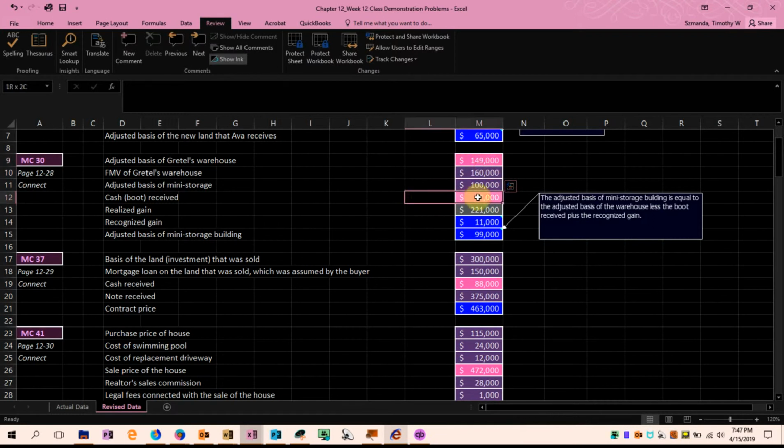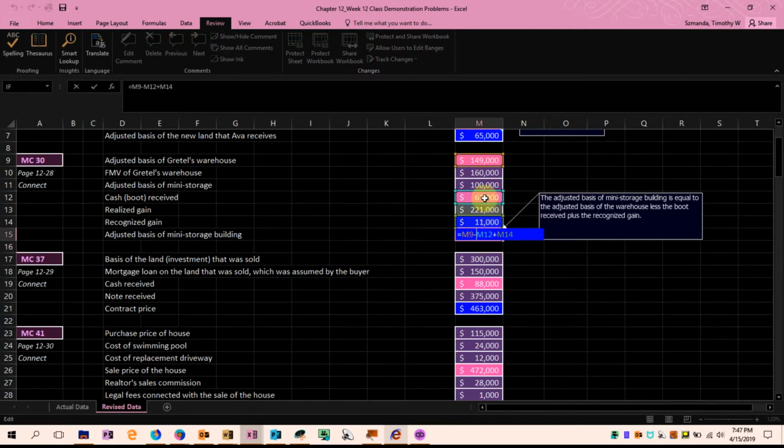Again, we'll compare that to the boot she received of $61,000. We'll take the lesser of the two. $160,000 minus $149,000 is $11,000. That's less than $61,000, of course. So she will be taxed on $11,000 of her gain. And then the adjusted basis of the mini storage building she acquired will be equal to the adjusted basis of the warehouse less the boot she received plus the recognized gain.